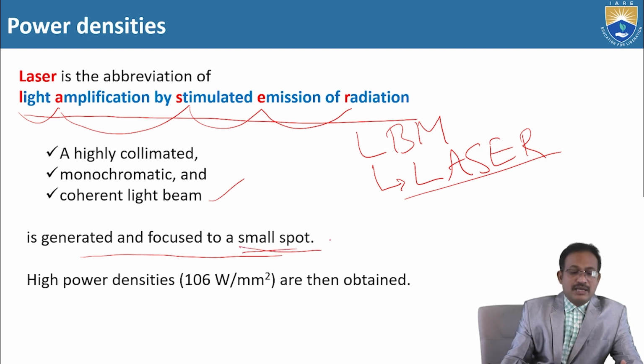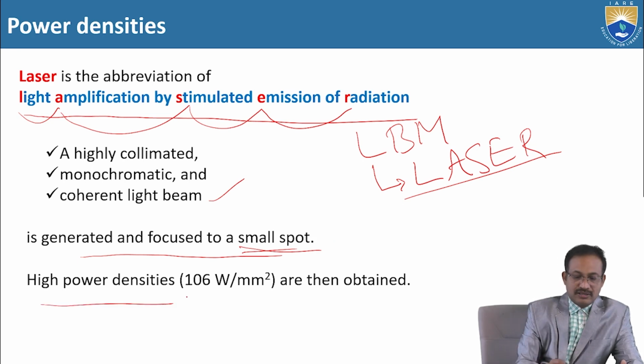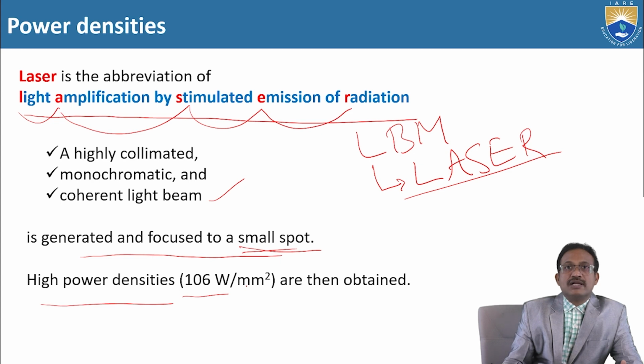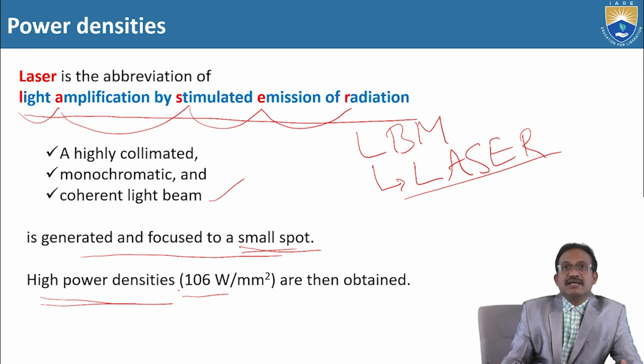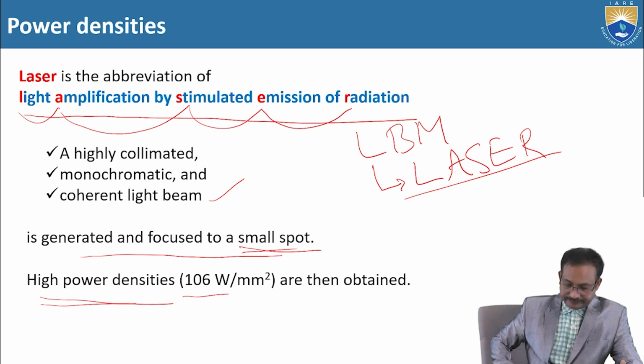Its power density is 10^6 watts per square meter. This is the high power density of the laser beam.